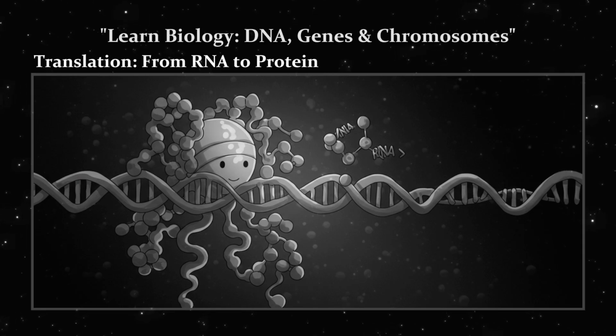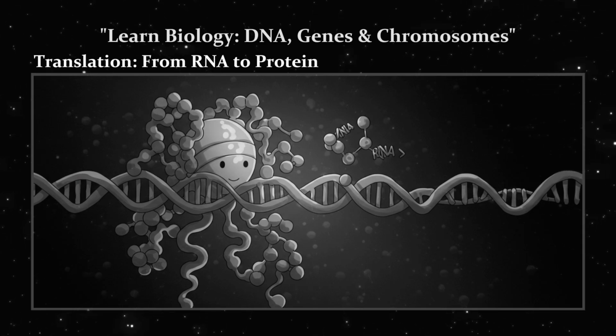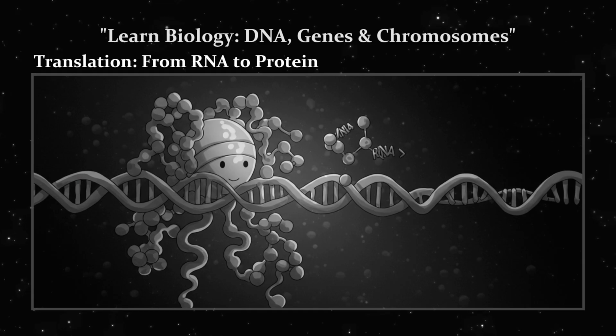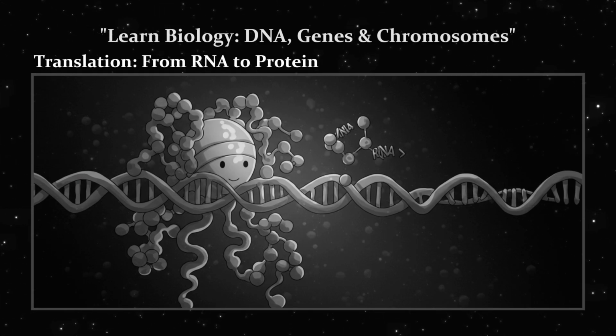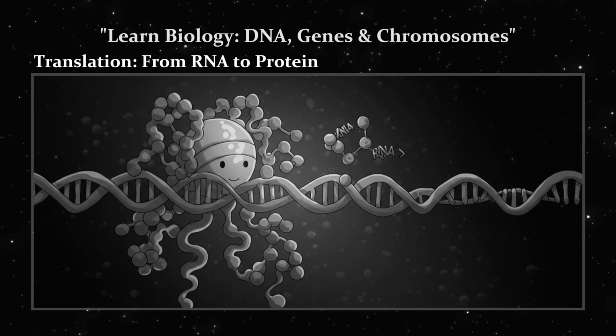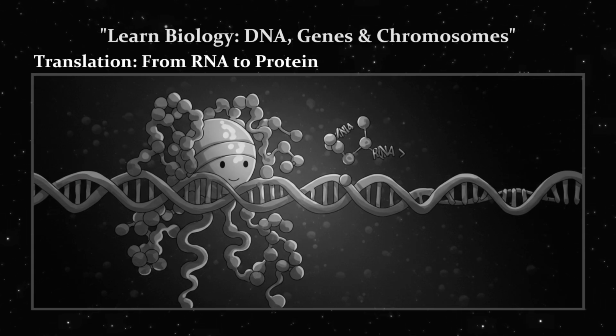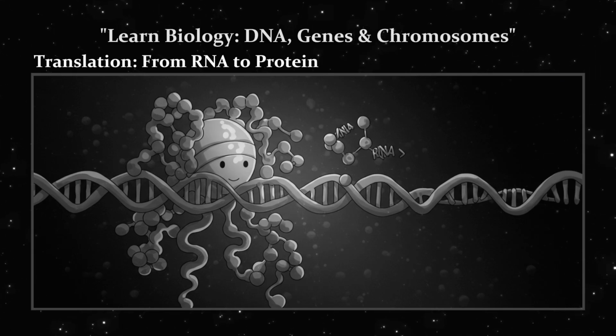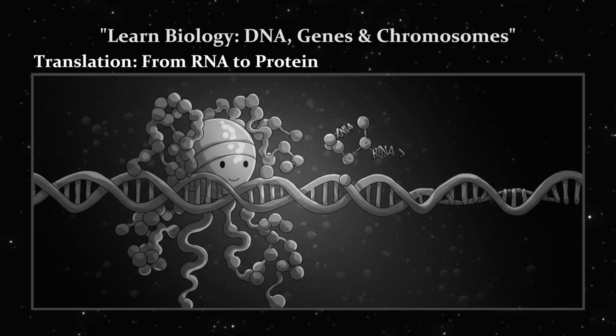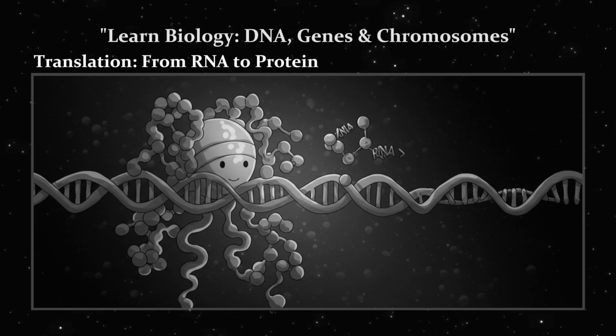The third, and perhaps most clever, player is the transfer RNA, tRNA. This is the translator, the adapter, the bilingual specialist. As we learned, each tRNA molecule has two critical ends. At one end, it has a three-letter sequence called an anticodon, which is the perfect complement to a codon on the mRNA.